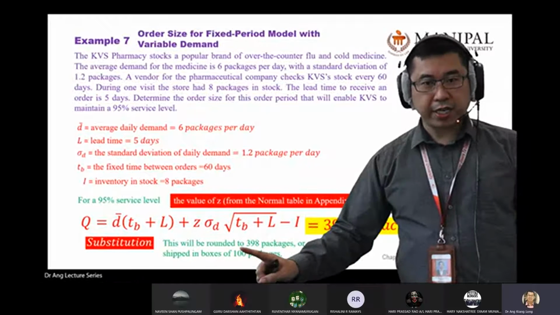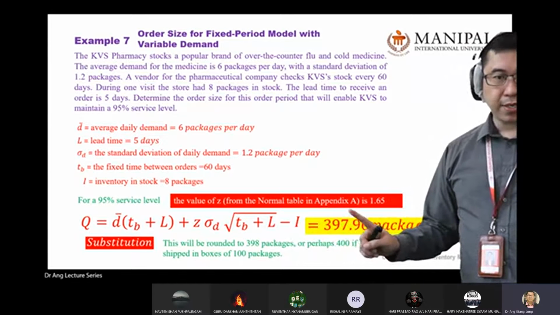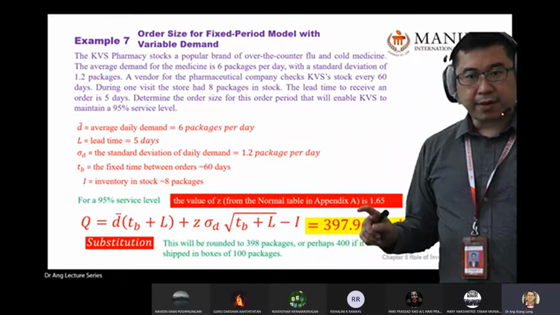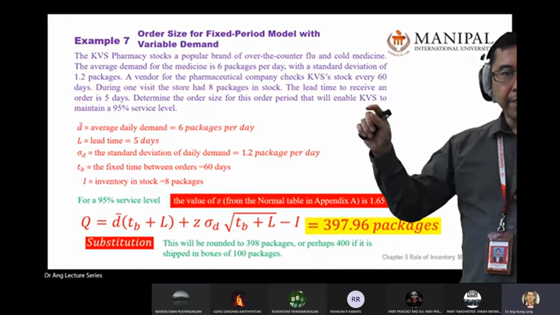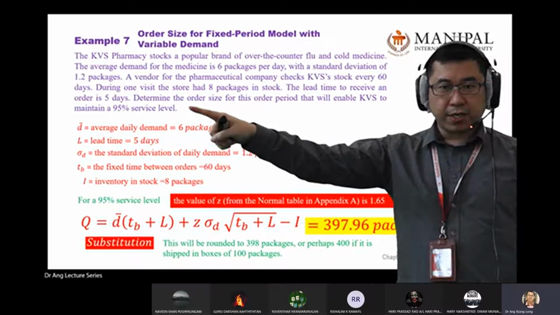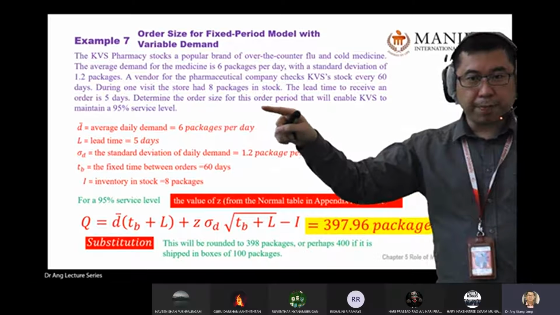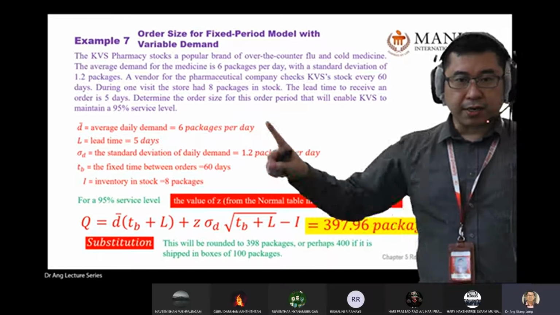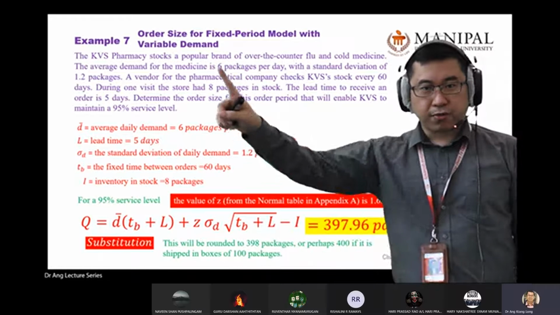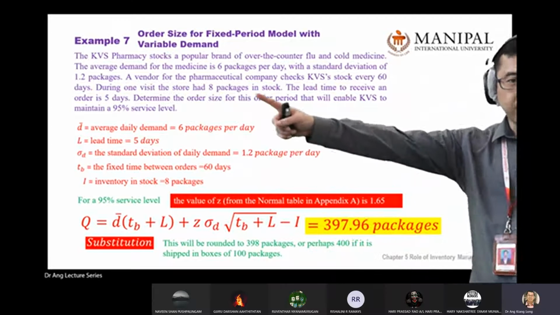The Q value should be rounded up to a round number. For example, 397.96 rounds up to 398, and then sometimes the question will add in at the last line extra information. If the shipment comes with a minimum, if the shipment comes with one parcel of 400 medicine per shipment, how many should the pharmacy order? So the answer is 400. Okay, it depends on the statement.